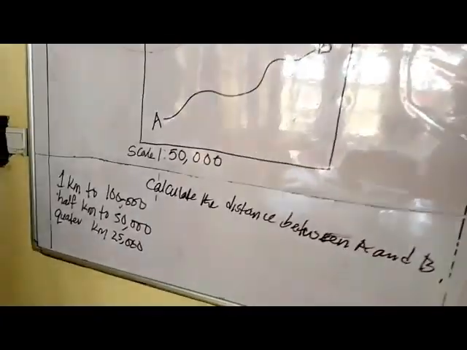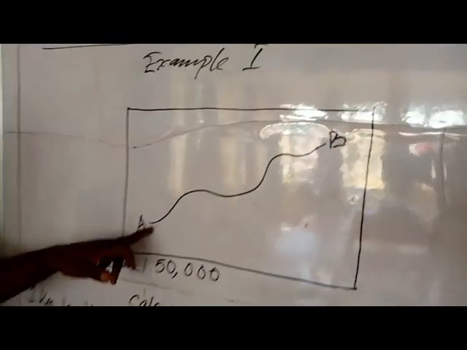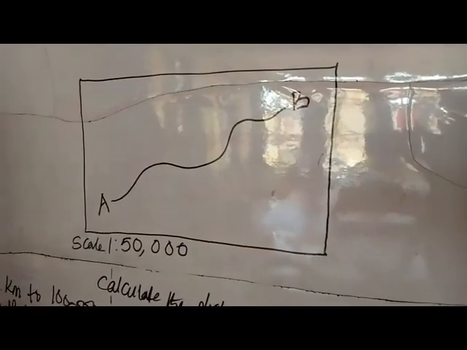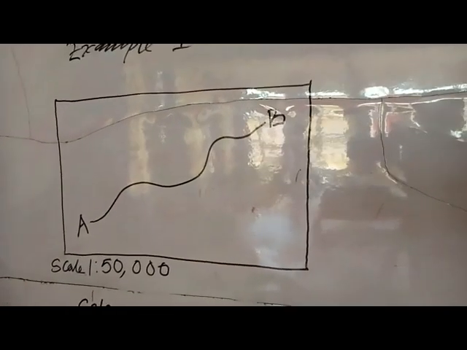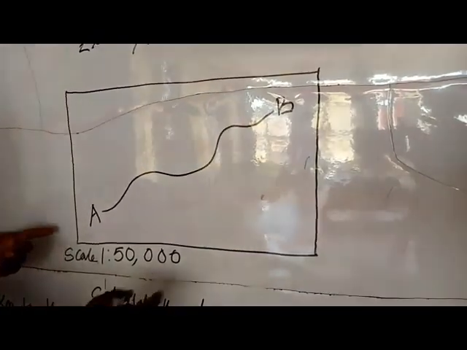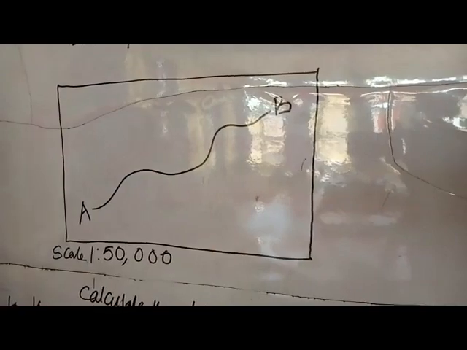Now, the unit on the map is centimeter, because when you are to take any measurements, there is no way your paper can accommodate kilometers.